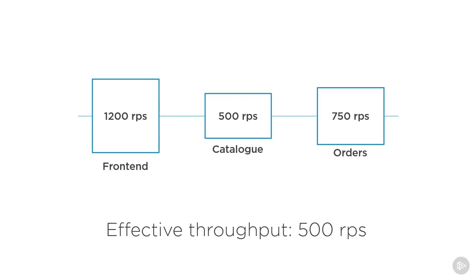It also stands to reason that in this system, the catalog system presents a bottleneck which increases the latency of the entire system. Because if the catalog service is at capacity, then requests from the front end start to get queued, which increases their latency and the average or P99 latency of the whole system. So as you can see, latency and throughput are related and affect one another differently in different instances.